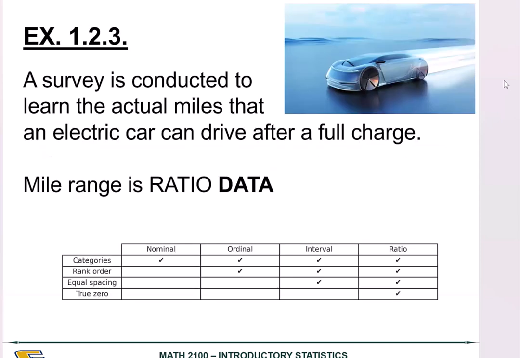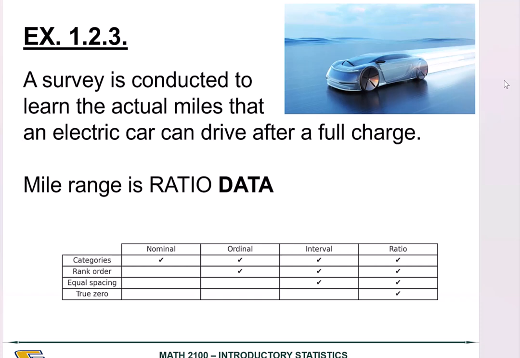So here is an example about electric car full charge again. This is ratio data, because why? As long as you can record it, it has the category check. Rank order: if a car after full charge does 300 miles and another car does 100 miles, we know the 300-mile car does a better job.